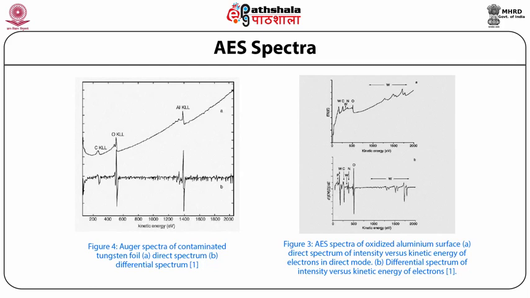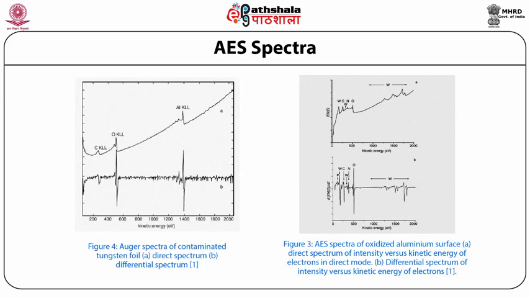This occurs because the signals from Auger electrons are relatively weak compared to the secondary electrons escaped from a solid surface. Electrons are either elastically or inelastically scattered when a primary beam strikes the material.